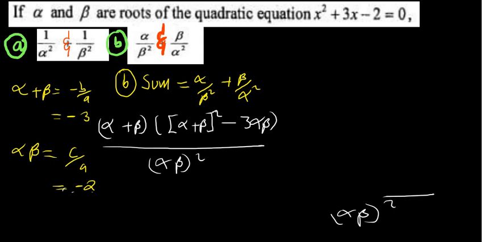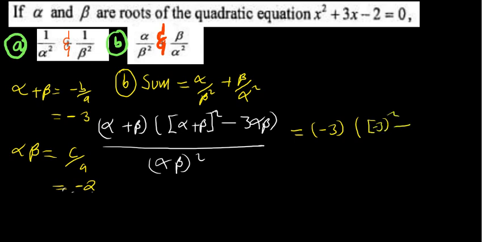So at this point now we can start replacing. Where there's alpha plus beta, we're going to put negative 3. Where there is alpha plus beta inside, again we're going to put negative 3, but it's squared. Where there's alpha beta, we'll put negative 2. In the denominator, alpha beta again, that's negative 2 squared.